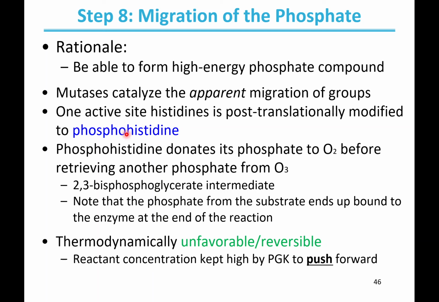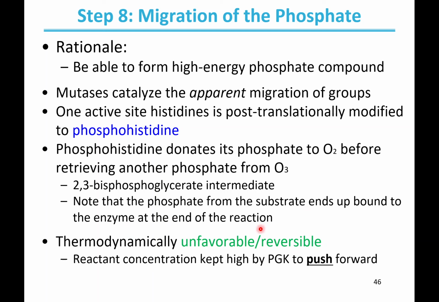Okay, that phosphate group is going to be attached to carbon 2, and then the phosphate that was on carbon 3 in this substrate is going to move to the other histidine. Okay, this produces a 2,3-bisphosphoglycerate intermediate. We'll see that in the mechanism. The phosphate that was on the substrate ends up bound to the enzyme at the end of the reaction.